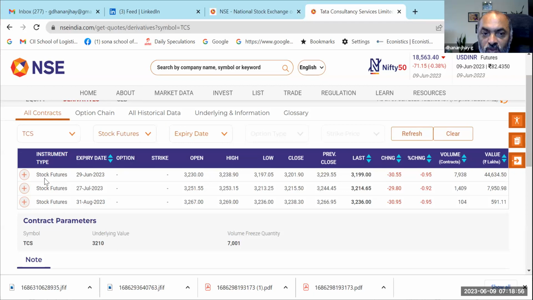You understand? Yes, sir. I understand. You have opened a position in 29 June contract. Even if you keep quiet, on that expiry, your position will be closed. So again, if you want to take position, you have to go for 27th July contract. That contract is fixed by the exchange and it is being traded, and it expires on 29th June.